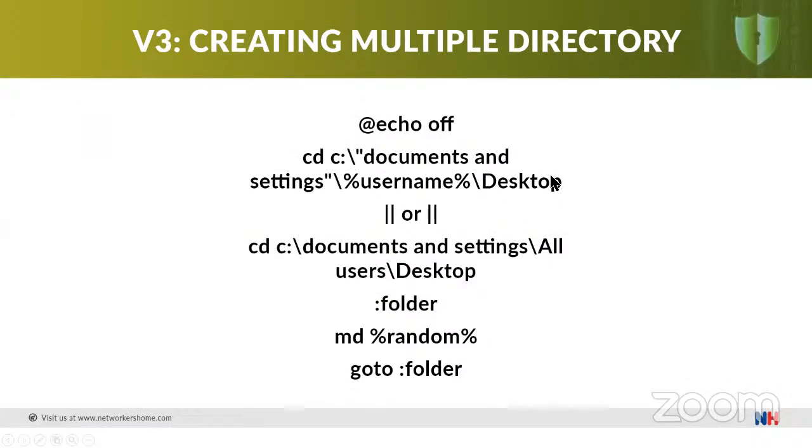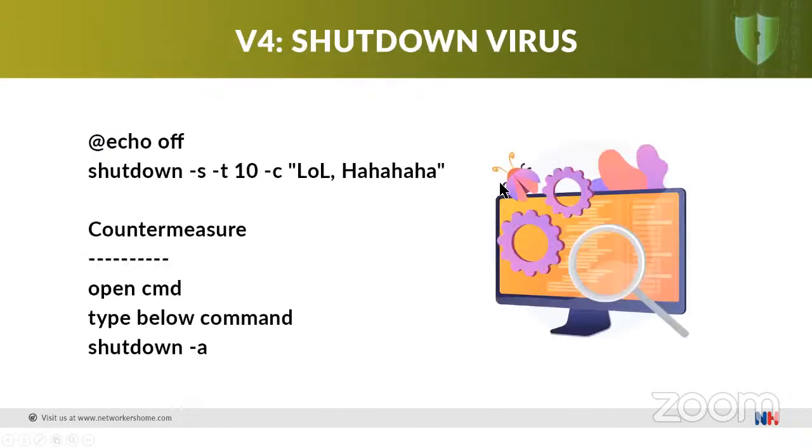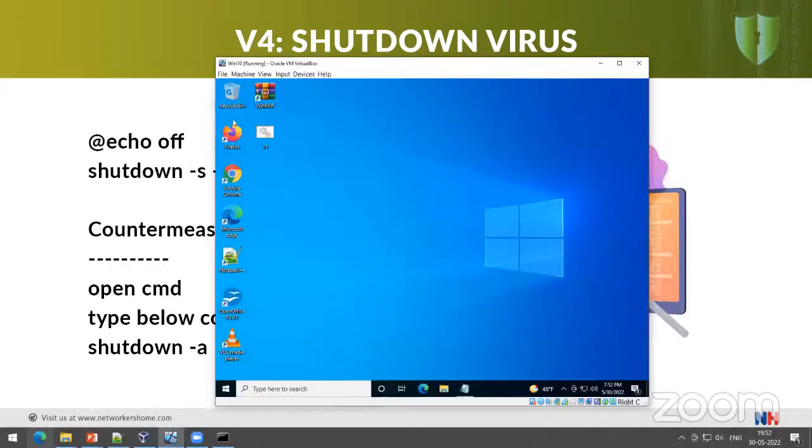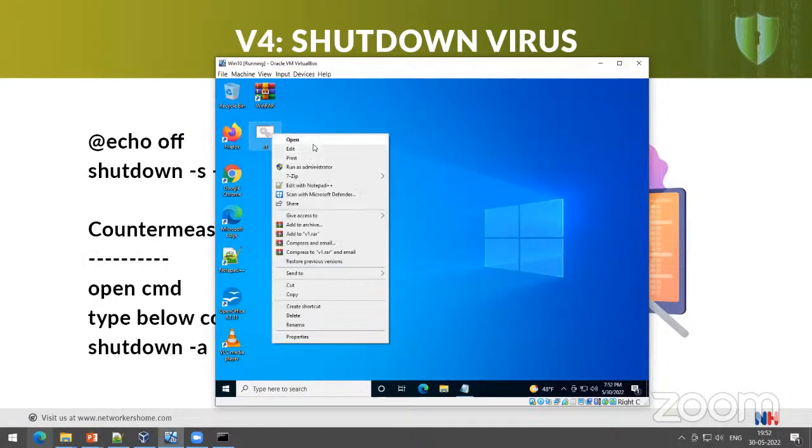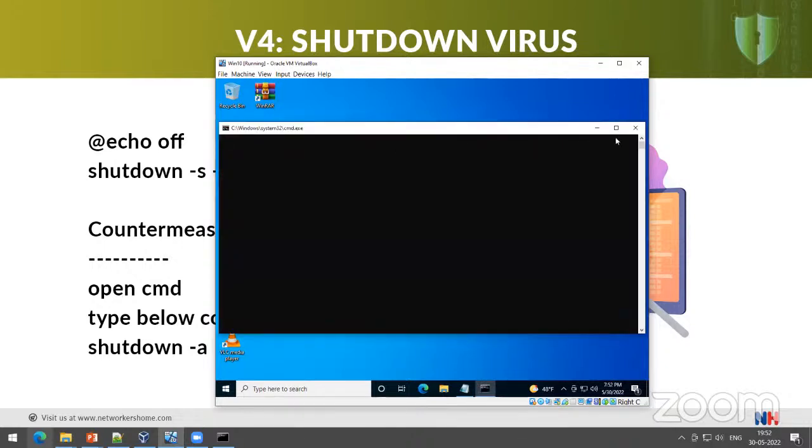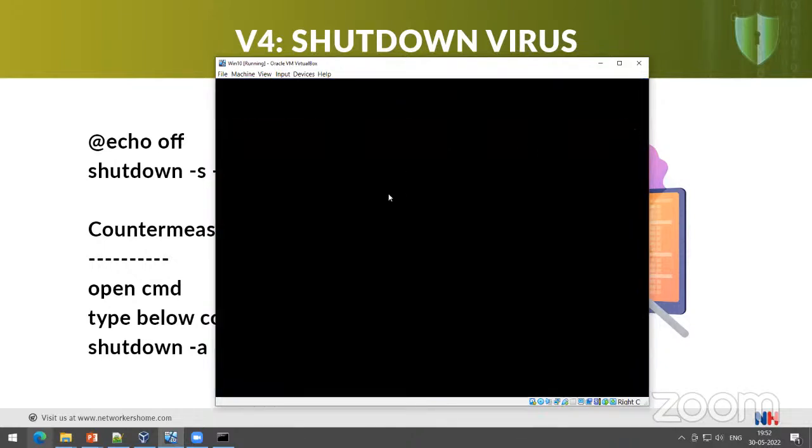I have told you in the previous session that whatever extra virus or folder you create, if you apply it on the Desktop, it will affect more. Then you can see the shutdown virus. Lots of times you found that when I click that file, my computer goes down, shuts down, or restarts. It is very easy. Right click, edit, not sorry, open, my mistake.